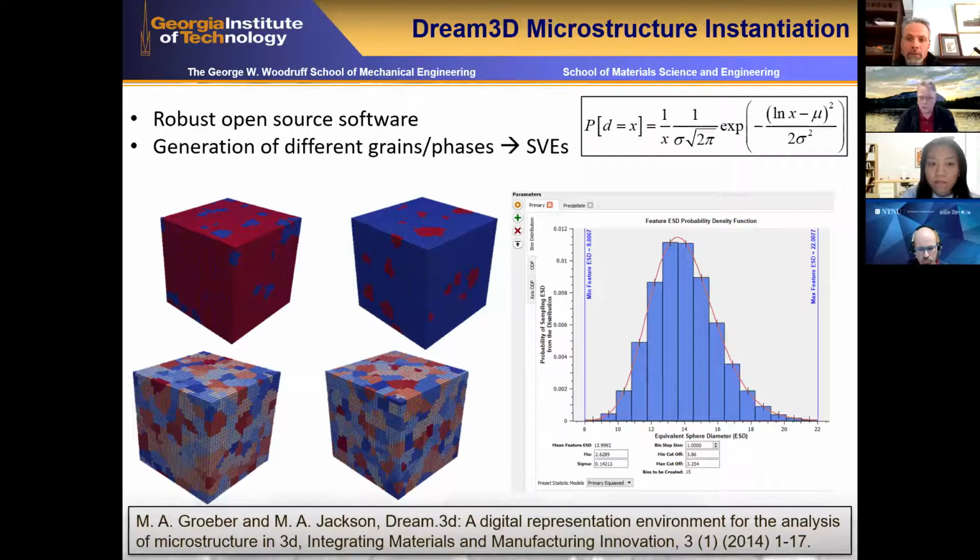So you can go to whatever measure you desire, things like aspect ratio of grains, to reconstruct microstructures for simulation that adhere to target statistics, with the caveat that when you use a statistical volume element, you're never going to capture the representative statistics. You have to build up an ensemble of such elements to capture the representative statistics of the microstructure.